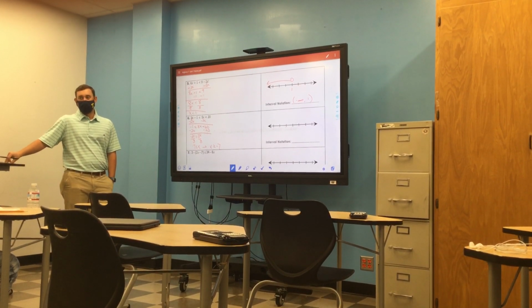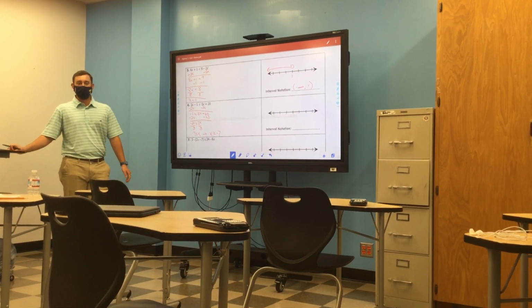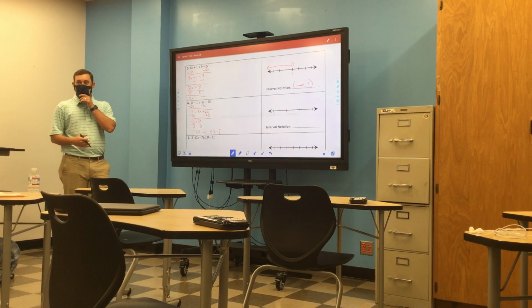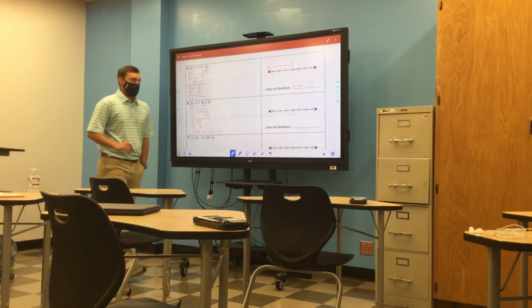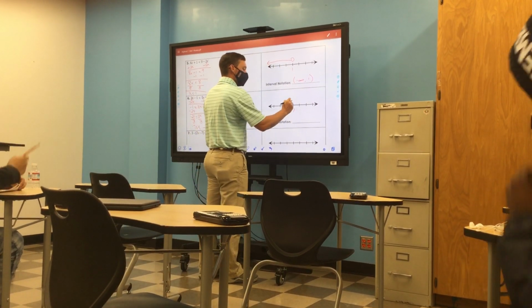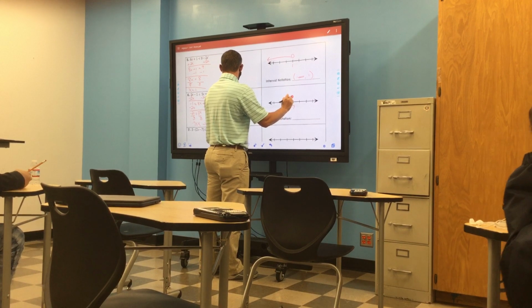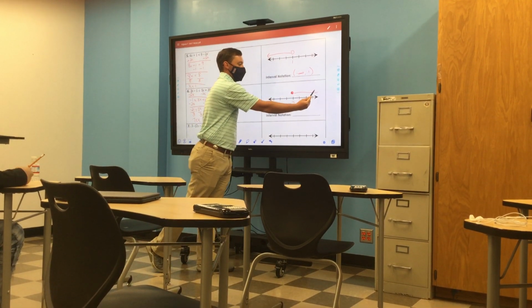Does that make sense? So that's why, in the grand scheme of things, I would rather just keep everything to the left, and just have a habit form of how to solve these. Okay, so you got negative 7 laying in the middle with a closed circle above it, and graphed to the right.